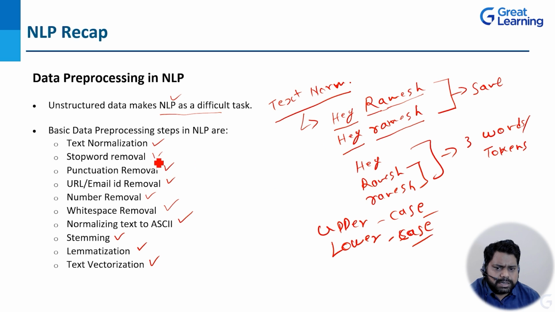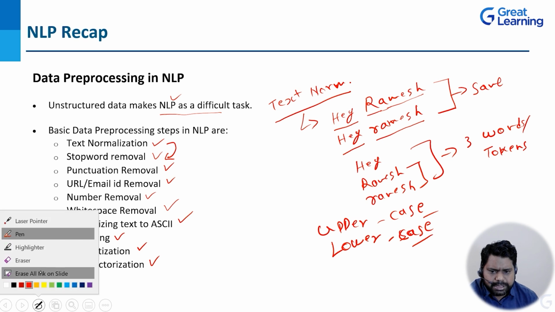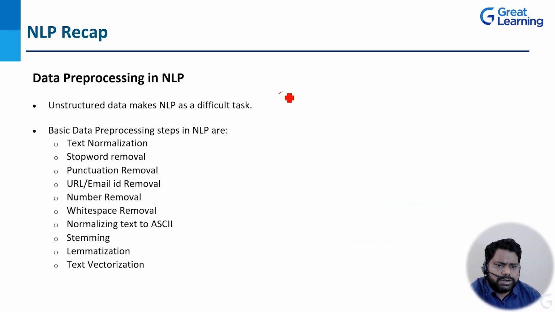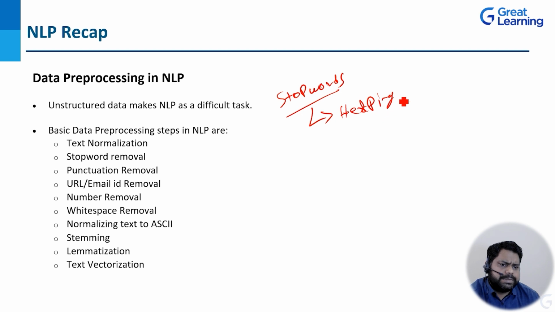So moving on to the next topic, that is stopwords. So before that, let me just erase them all. So what are stopwords? In English there are so many helping verbs or words which are not relevant in terms of gathering information.